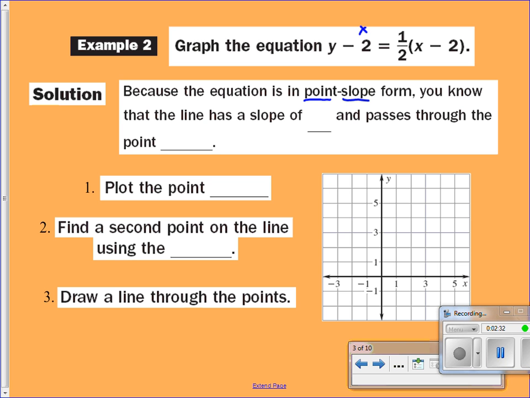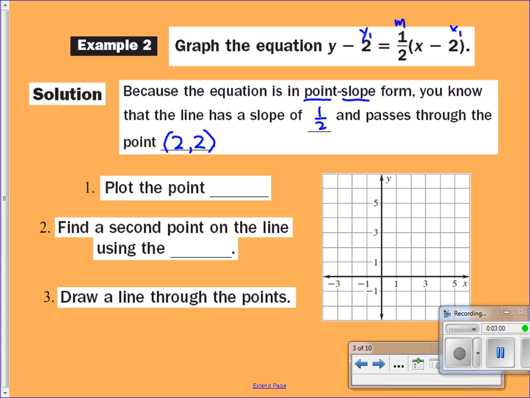Well, that 2 represents the y coordinate, not the x, y minus y1. So I know that in my ordered pair, the y coordinate is 2. And that equals 1/2. Well, that 1/2 is my slope. So far, so good. Minus x, or times x minus the x coordinate. So I know my ordered pair is (2, 2), and I know it has a slope of 1/2.